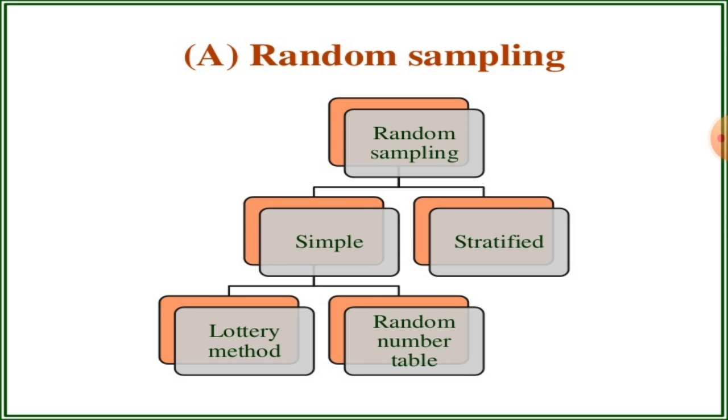The simple sampling method is further divided into two classes. First is the lottery method and second is the random number table.